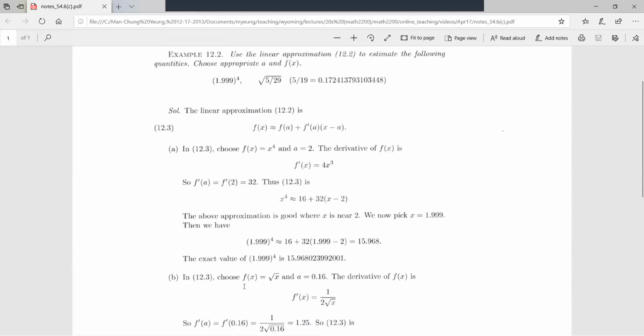The function f, I choose square root of x. What is x? x should be this number. This is x.